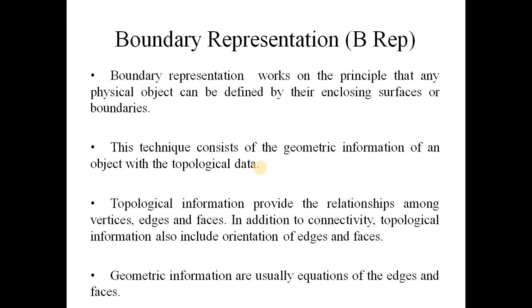Whereas the geometric information is nothing but the equations of the edges or coordinates of the vertices. The equation of the faces also comes under geometric information. Edges, meaning lines, have an equation; similarly faces, meaning surfaces, have an equation, and vertices have coordinates. The edge equation, surface equation and coordinates of vertices all come under geometric information.